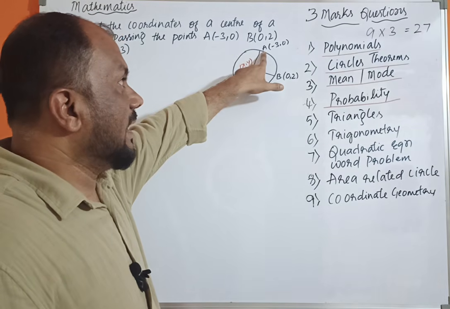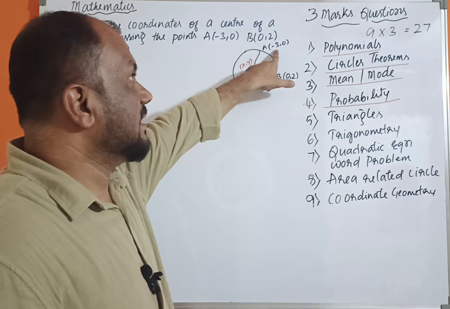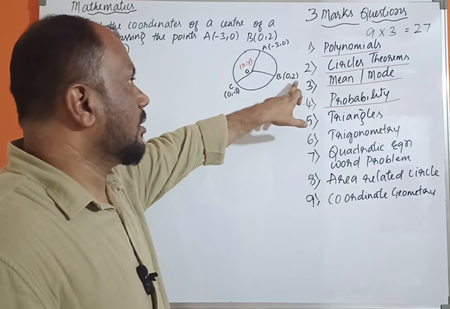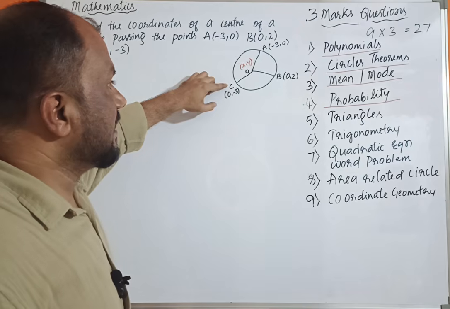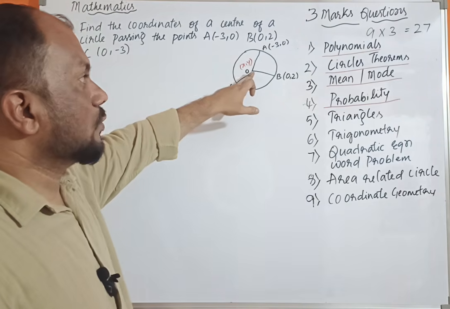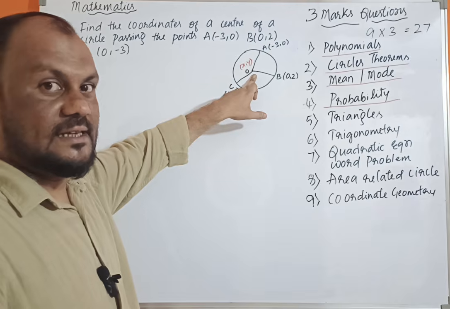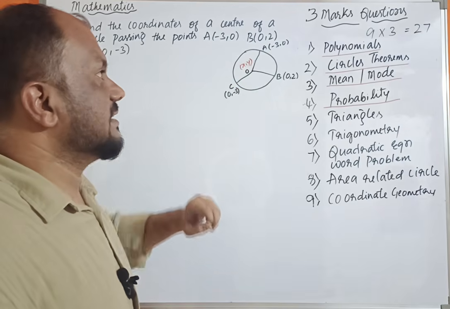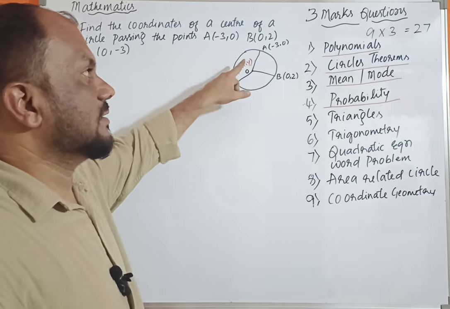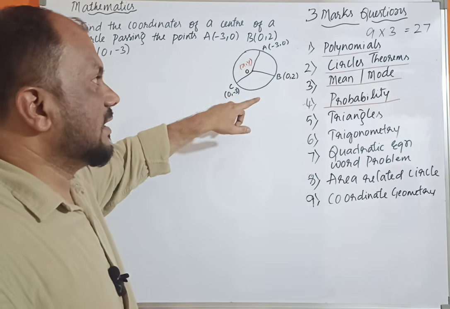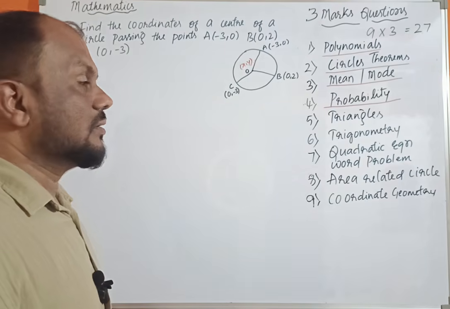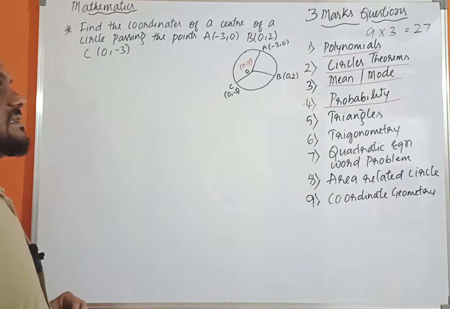So vertex A is there, minus 3, and C is 0 comma minus 3, and you need to find out the coordinates of O, the center. So that we are considering as X and Y. To differentiate it from the other coordinates, I use the red marker to write this one. So now let us start solving.